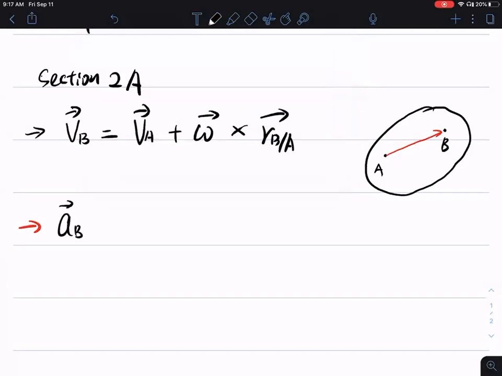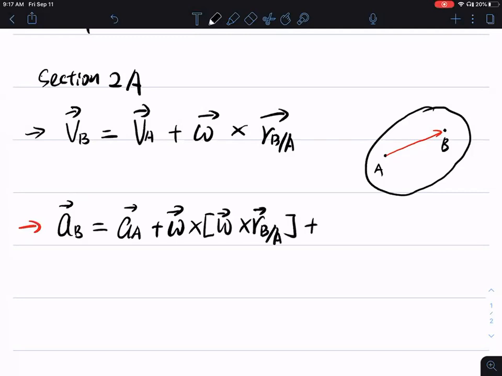In this case, let's use point B. The acceleration of point B equals AA, that's the acceleration of point A, plus omega cross omega cross RB/A, plus alpha cross RB/A.